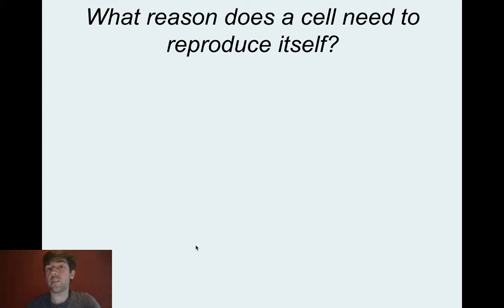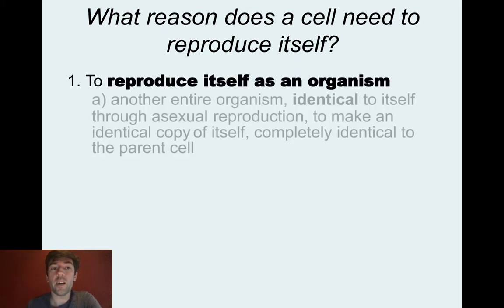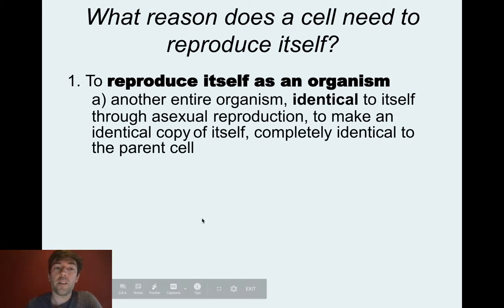Okay, so why does a cell need to reproduce? There are a few reasons. So number one, a cell might need to reproduce another entire organism identical to itself through asexual reproduction, to make an identical copy of itself, completely identical to the parent. It just wants to reproduce itself as an entire organism.